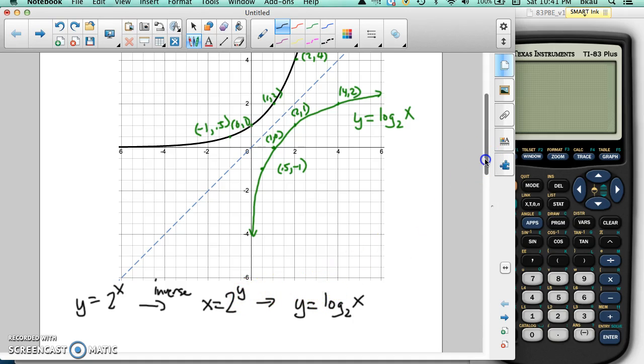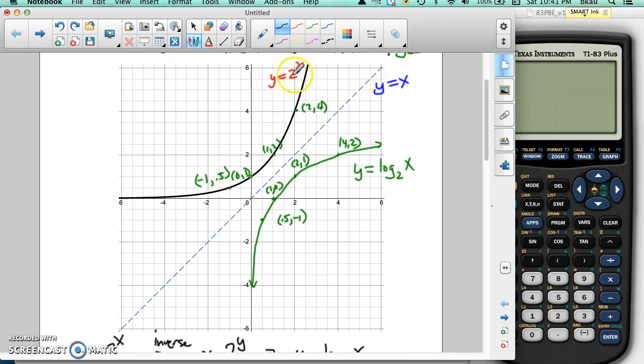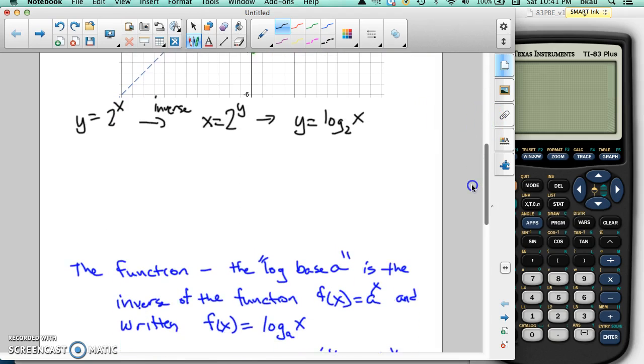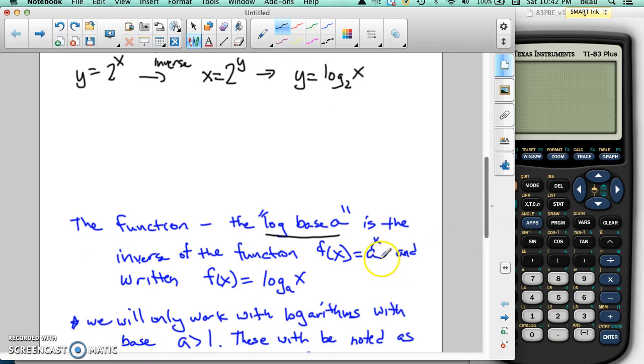Now this will work generally for any base. In any general base, we can call it log base a. The function log base a of x is the inverse of the function a to the x. Instead of 2 as we did previously, now we can use any base a.